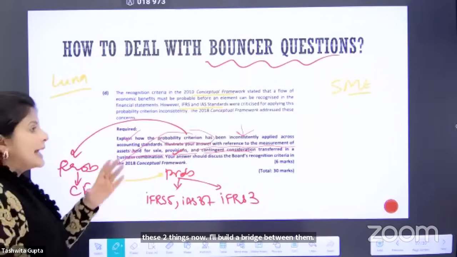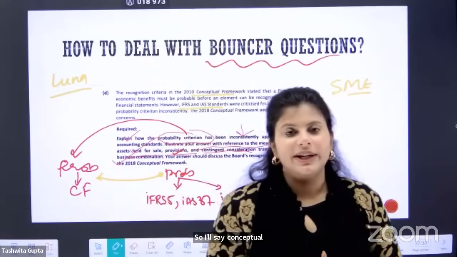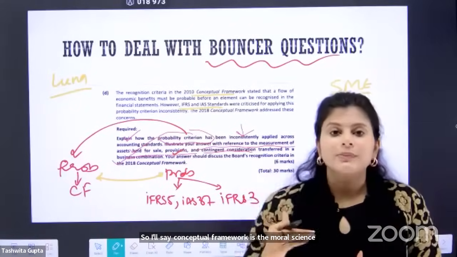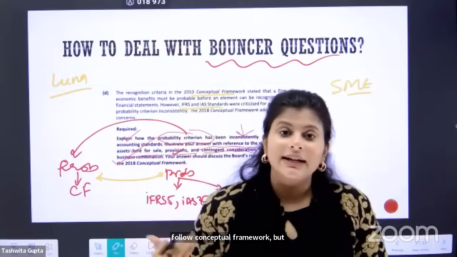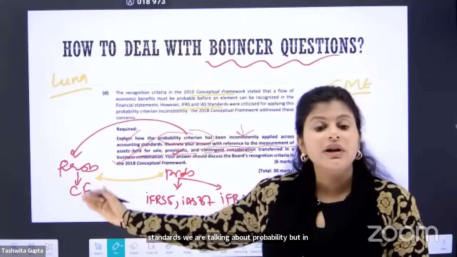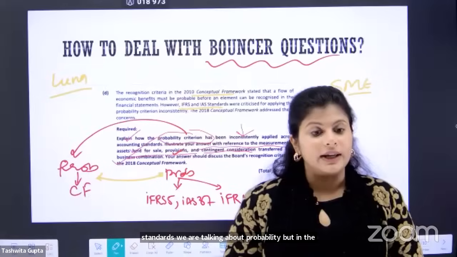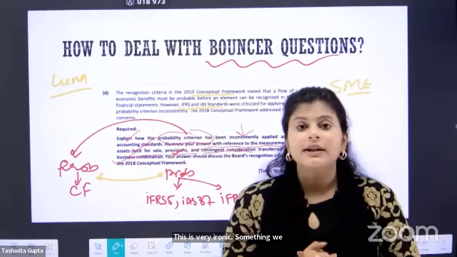So I'll say the conceptual framework is the moral science lecture of all the accountants. They are supposed to follow the conceptual framework, but ironically, in the standards we are talking about probability, but in the conceptual framework we are not talking about probability. This is very ironic, something we can laugh at.